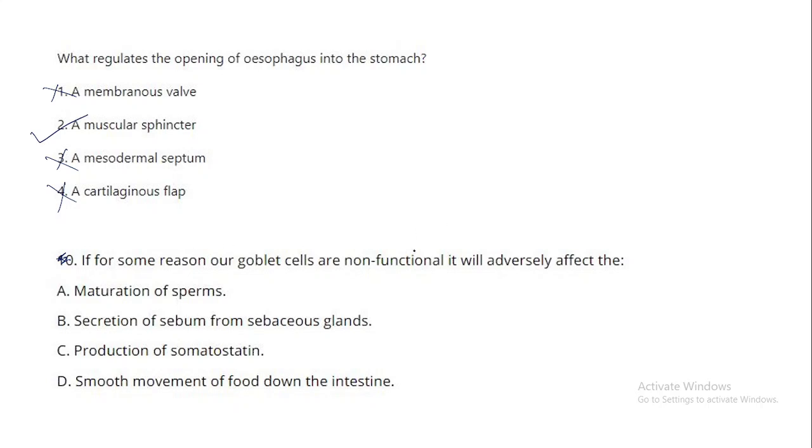If for some reason our goblet cells are non-functional, it will adversely affect the... first locate the special term here, goblet cells. Do you remember what goblet cells do? Yes, they produce mucus. Now if goblet cells are non-functional, they are not going to produce mucus, so what will happen then?